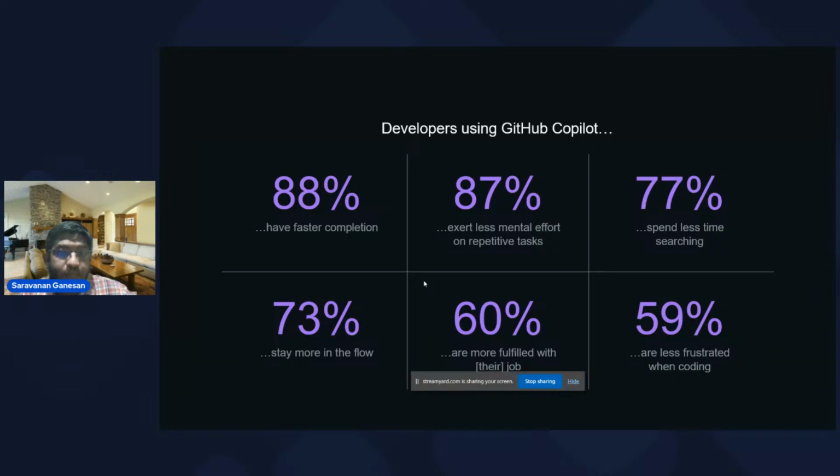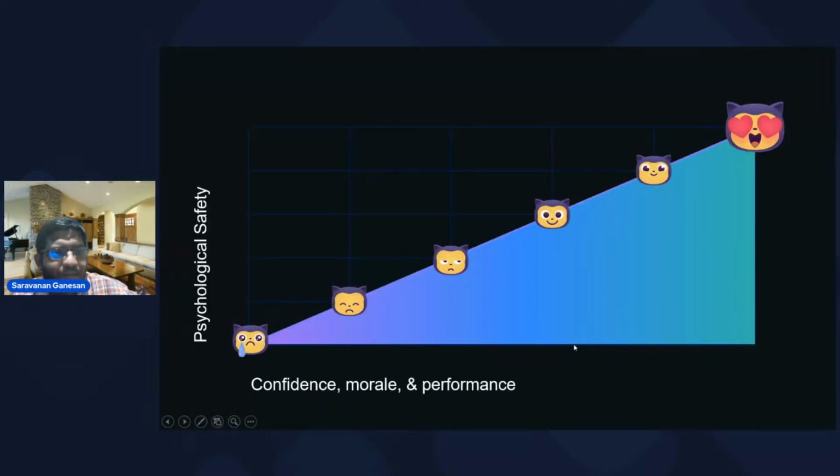If developers use GitHub Copilot, we have great numbers like faster completion, less mental effort on repetitive tasks, less time spent searching, and staying more in the flow. 60% report more fulfillment in their job, and 59% are less frustrated when coding. And then psychological safety: if you use GitHub Copilot, you have confidence, morale, and performance, because I am a programmer who is starting my career as a non-IT guy.